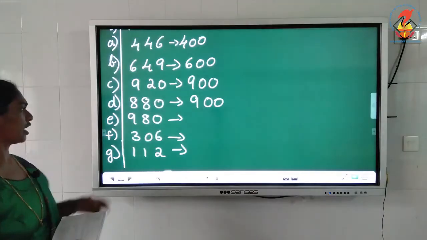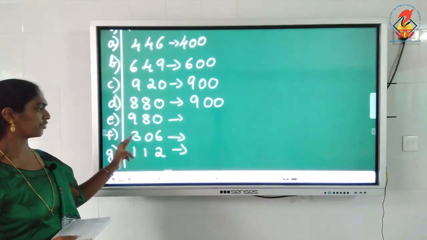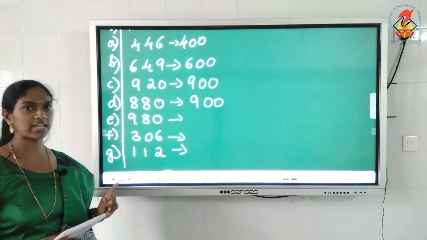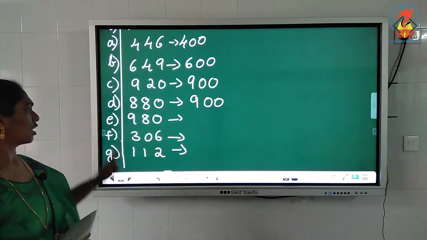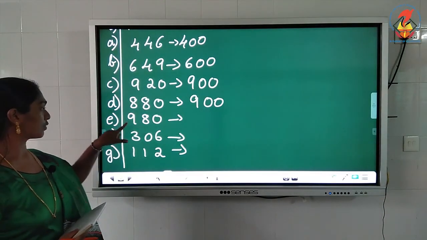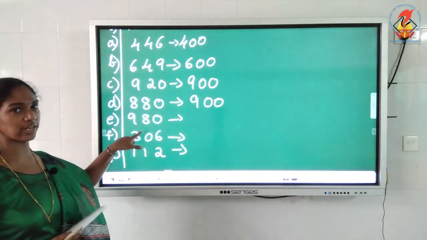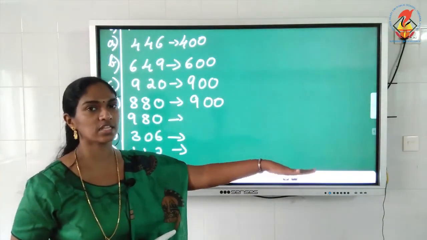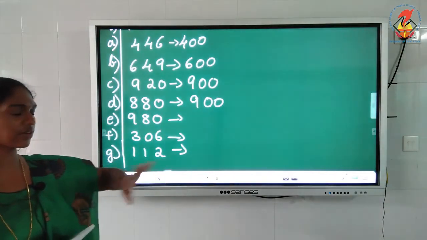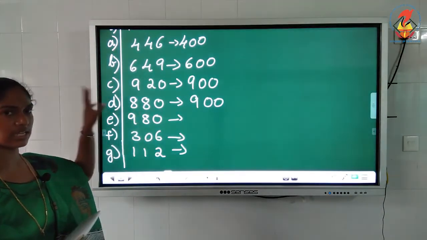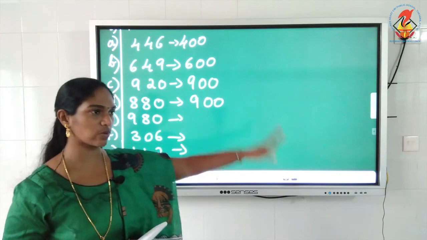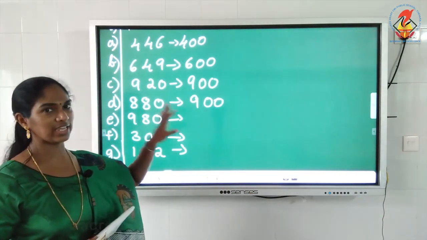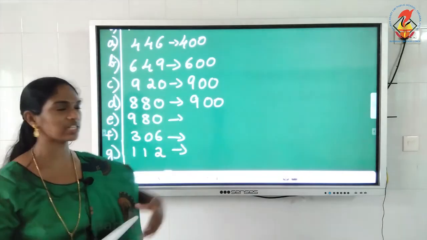Okay, 980, 306, 112. First, you have to decide the two hundreds. 980, the first number is 9, so 980 is between 900 and the next 100 is 1000. Then you have 80. 80 comes in the second section, isn't it, children?